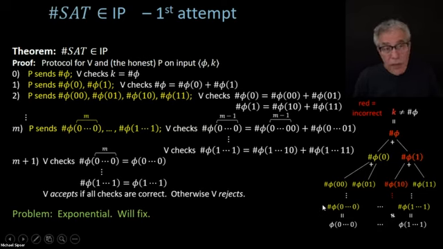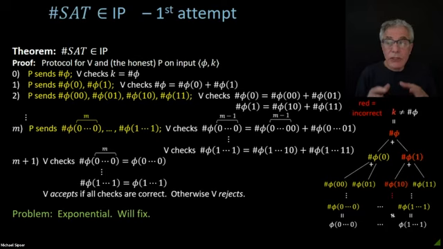Okay, so I'm getting one question here. Why is this any better than just checking all possible assignments without a prover? You know, it isn't. The only reason I'm doing this is to get us ready for the arithmetized protocol, where we have non-Boolean values coming in.